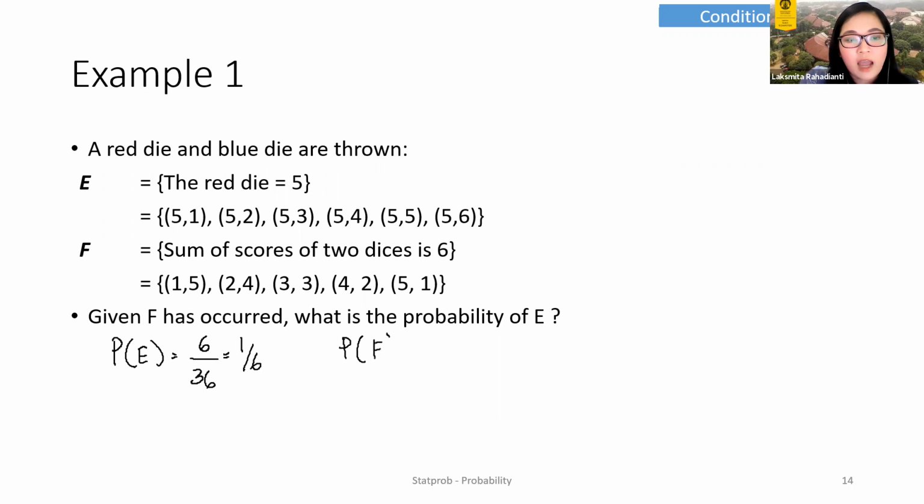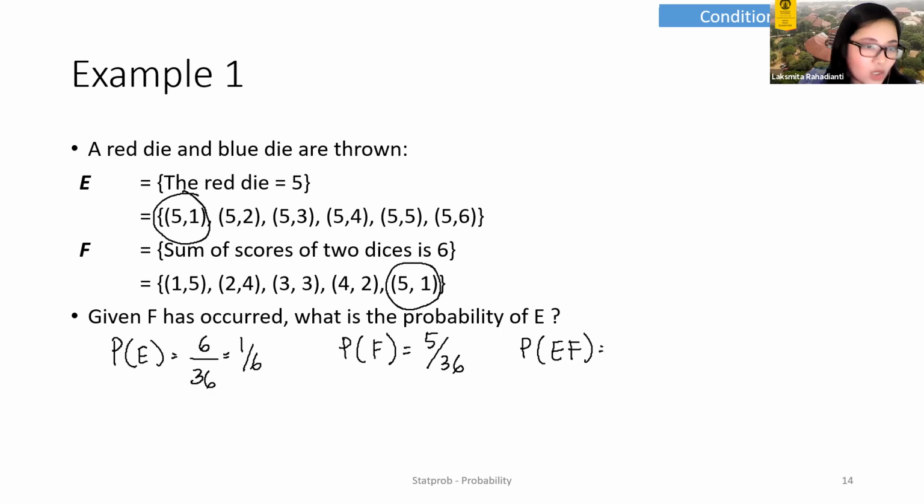So when I consider F, I know that there are 1, 2, 3, 4, 5 outcomes here. They're 5 over 36. I can't simplify that further. And if I were to denote the intersection of E and F, we have this event here and this event here.